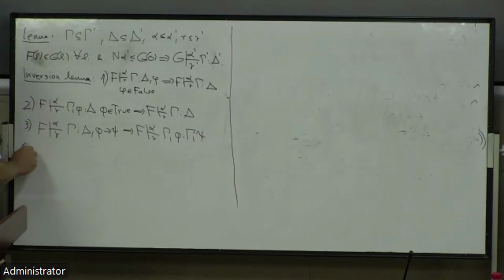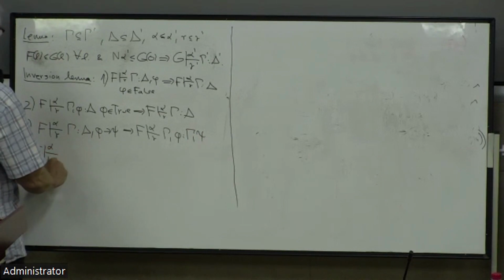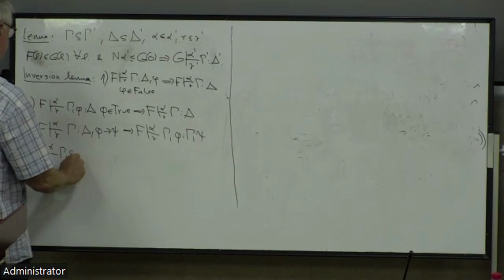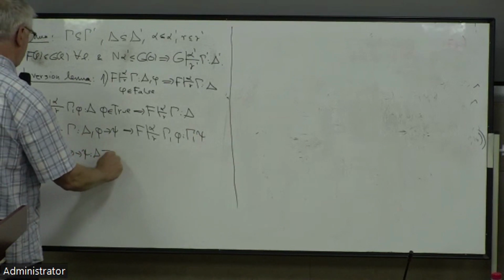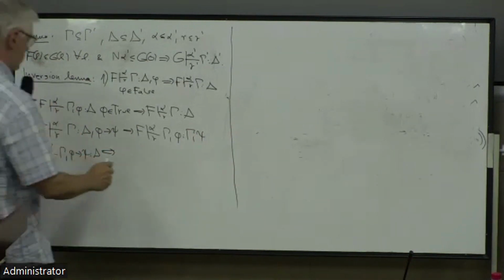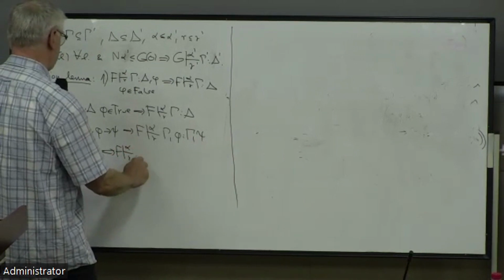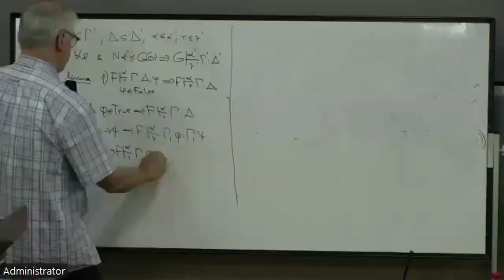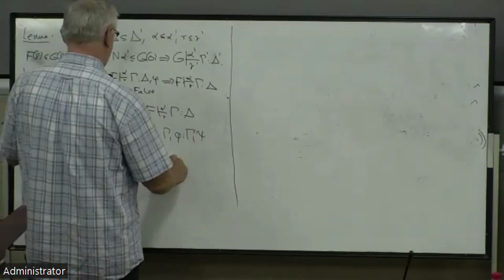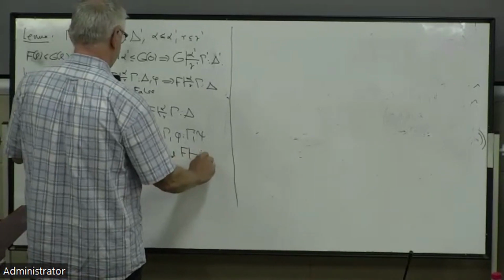We have also an inversion lemma for the implication in the antecedent. And the conclusion is that we get two statements. Namely, one is that we obtain the formula phi in the succeedent. And the other one is the formula psi in the antecedent.